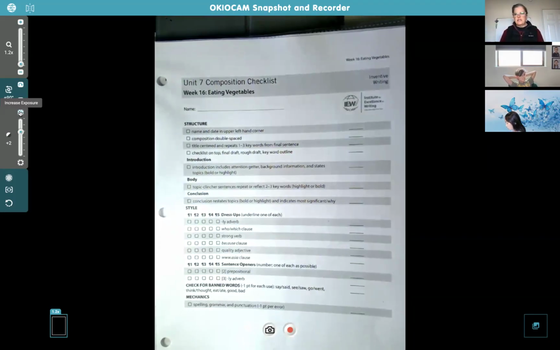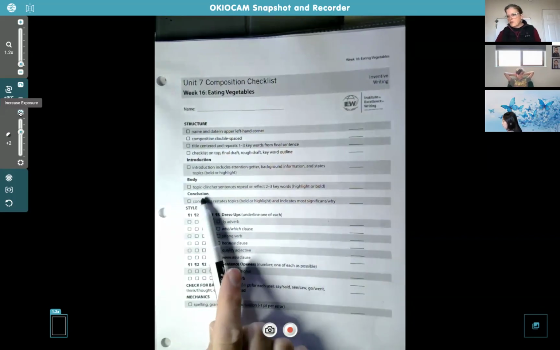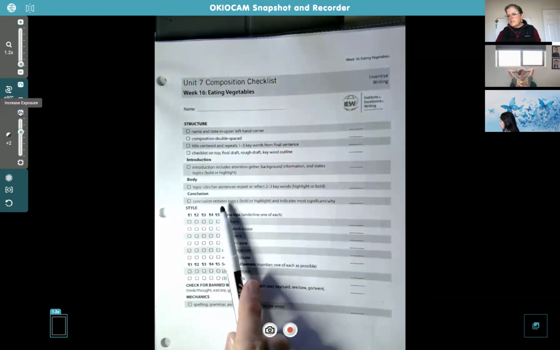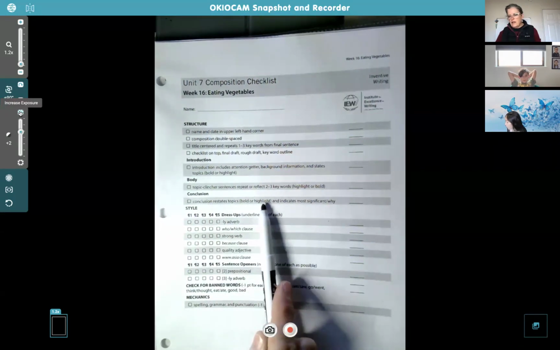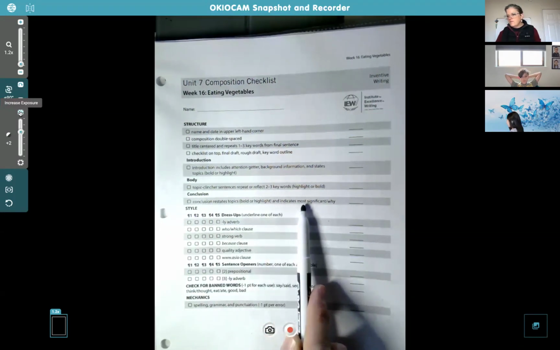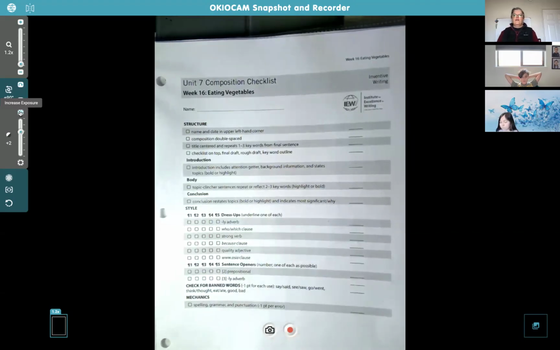It does not have to follow the same topic clincher rule. And the same for the conclusion. Conclusion restates the topics, bold or highlight, and indicates most significant and why. So you're not going to do topic clinchers on your introduction and your conclusion. You are going to only highlight or bold the topics in 3 different sentences.